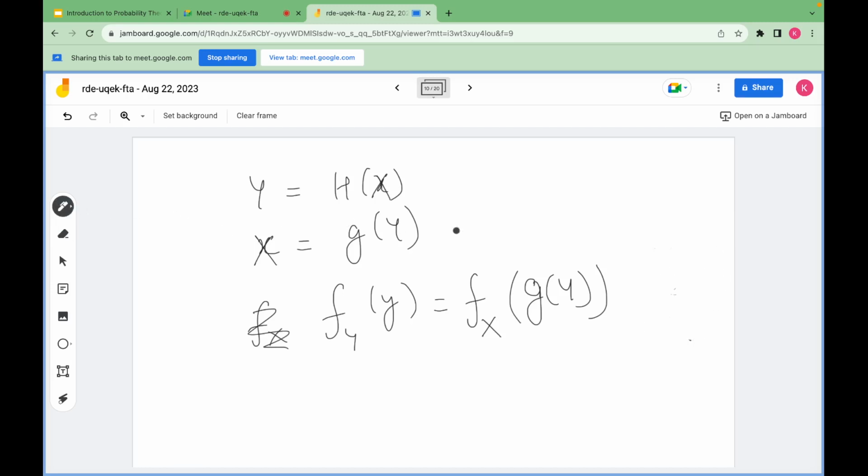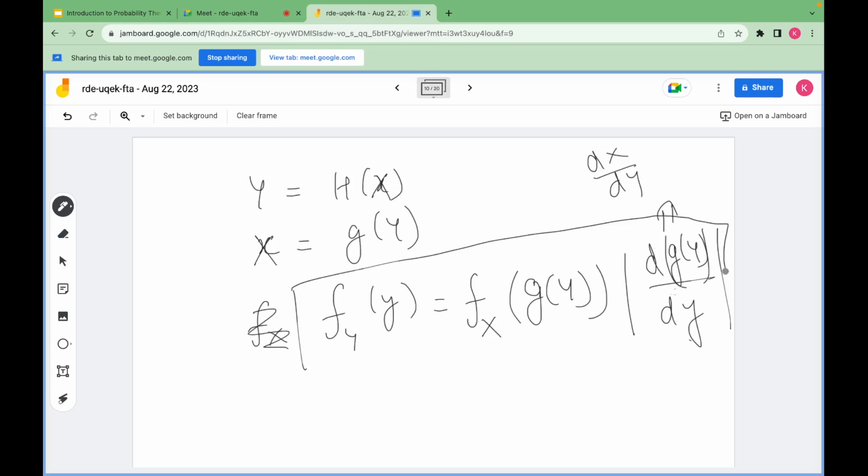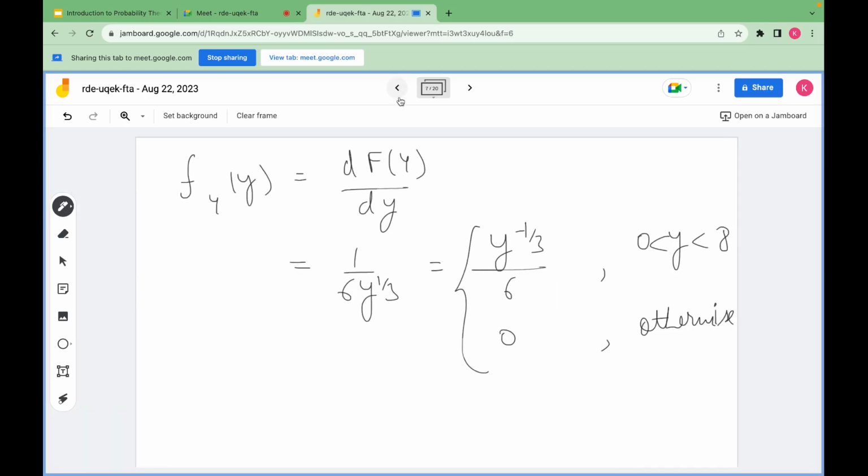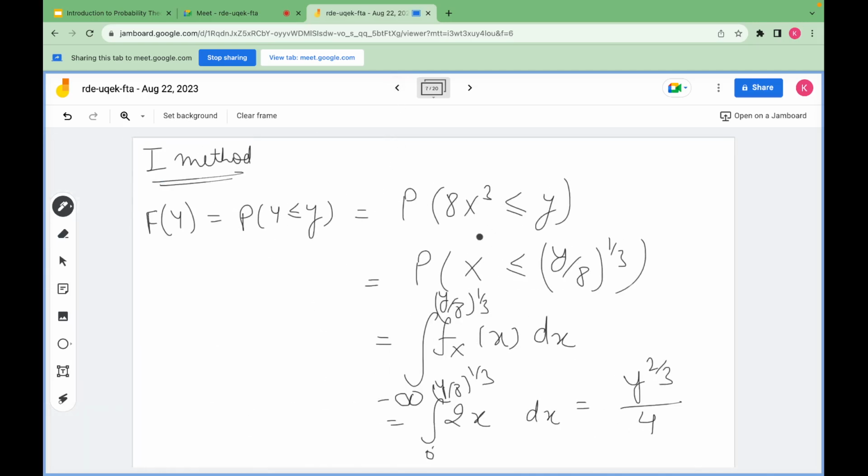So we reduce the previous two-dimensional results into a one-dimensional result. This is dg(y) by dy, so this is nothing but dx by dy. From this we can calculate the PDF of y. And there was the other method, where we solve it using the basic method: we write y in terms of x and then x in terms of y, and then solve this expression over the range of x.